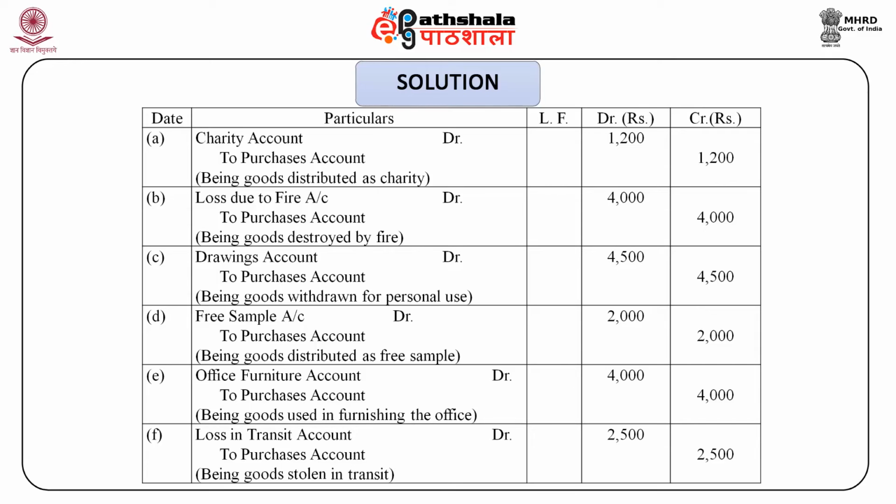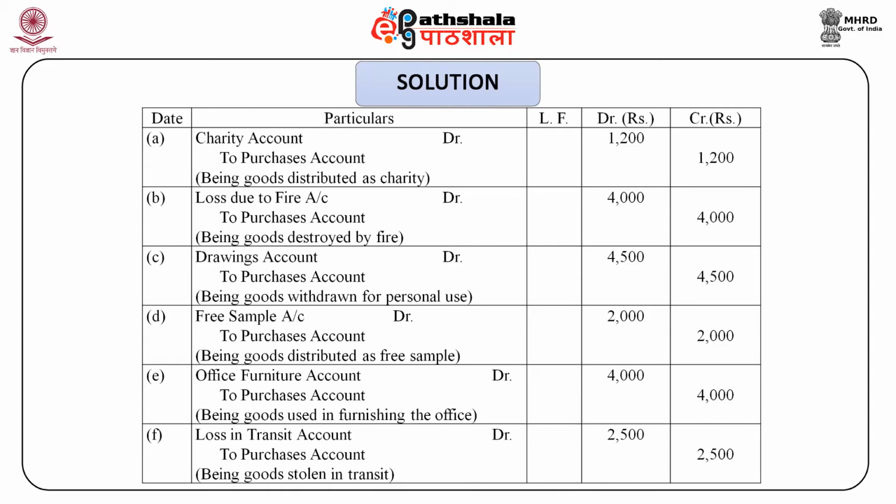D. Goods costing rupees 2000 distributed as free sample. The entry will be free sample account debited by 2000 rupees to purchases account as the goods have been distributed as free sample. E. Goods used in furnishing the office costing rupees 4000.